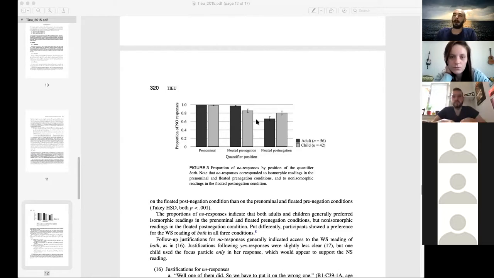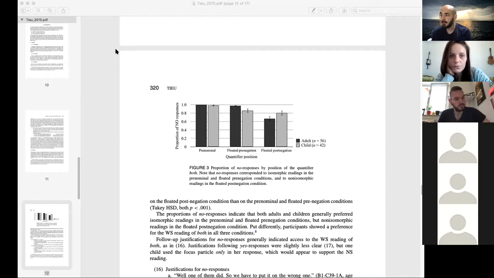But I guess their point was that the results, in a way, were quite clear, that even if they had more children, they wouldn't have found a big difference, right? So they would say, even if these fine-grained differences were significant, the main trend is that children and adults kind of behave the same, right? But yeah, you are completely right.